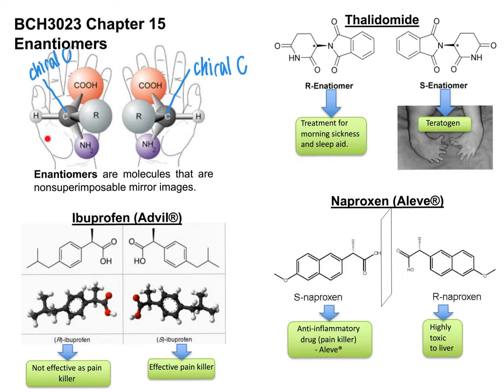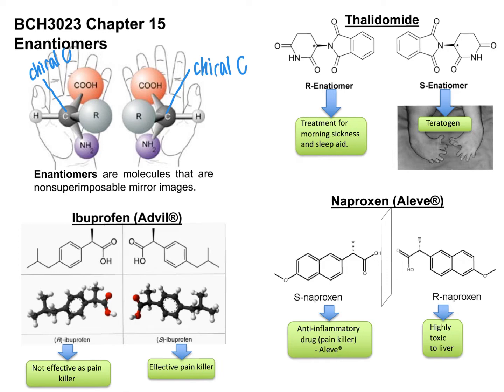So these 2 molecules are identical with the exception of how the atoms are oriented in 3 dimensions, with the atoms relative to the chiral center being mirror images in the structure on the right compared to the structure on the left.